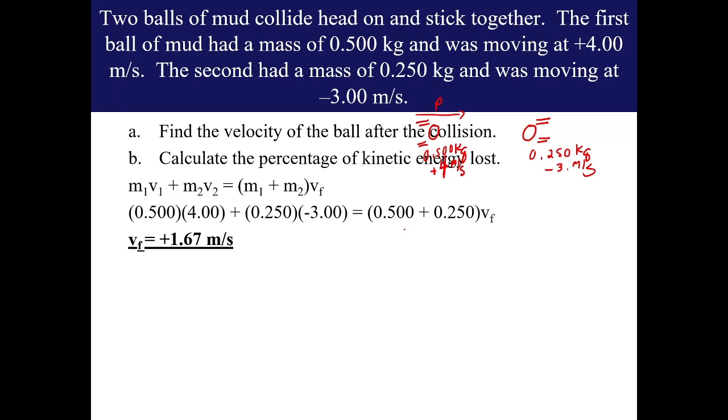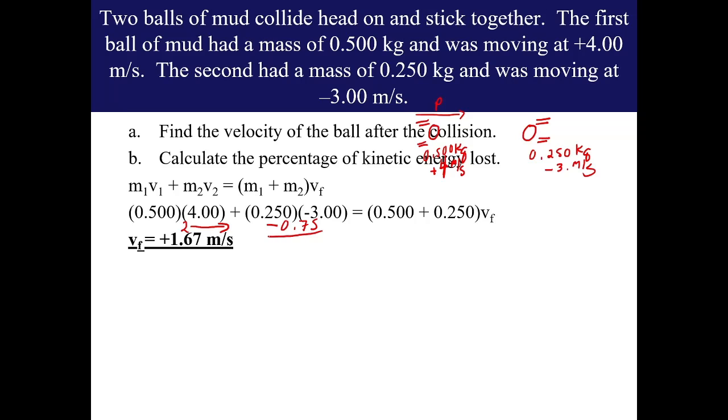We should always look at numbers and say, do they make sense? Let's see, 0.5 times 4 is 2, I believe, right? Yep, positive 2. That's the momentum going in this direction. 0.25 times 3, or negative 3, is negative 0.75.